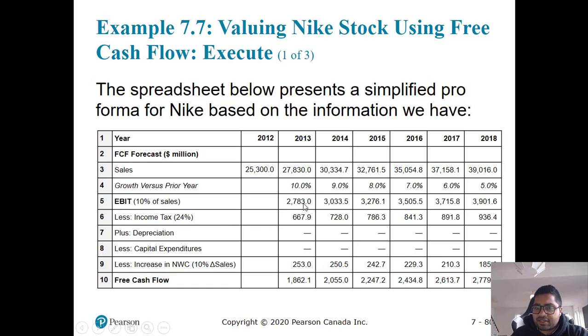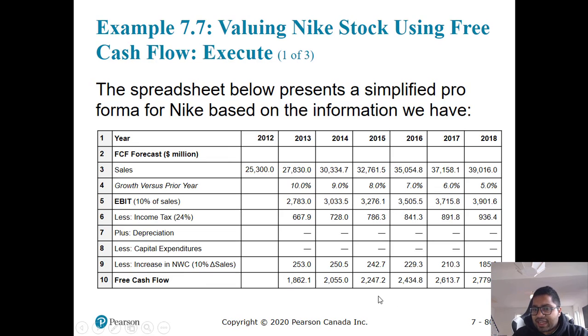Taxes is 24%. You add depreciation, you deduct capital expenditure. Both these things are not given, so we leave it blank, right? Depreciation equals capital expenditure, so they nullify each other. Then you deduct working capital, that is 10% of the increase in sales, so you calculate that. You get free cash flows.